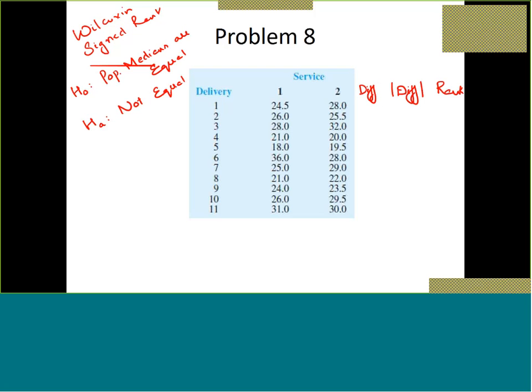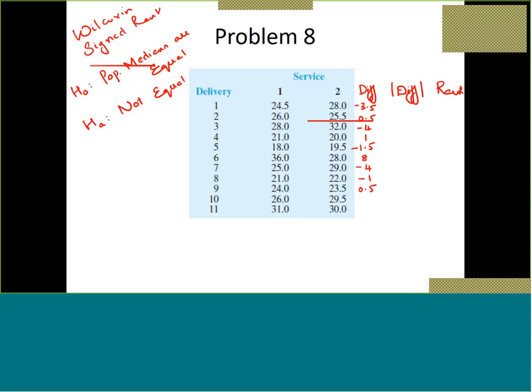So the difference here: 24.5 minus 28 is, I feel, 3.5. This is 0.5. This is -4. This is 1. This is -1.5. This is 8. This is -4. This is -1. This is 0.5.